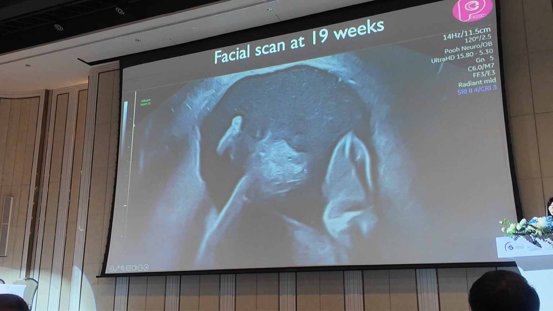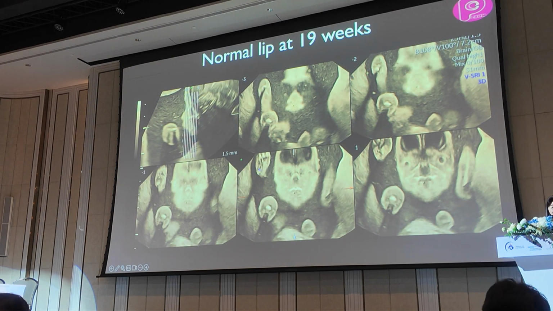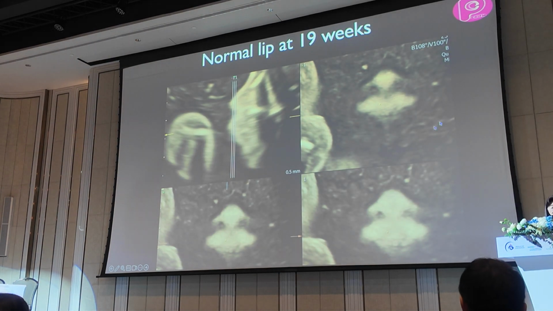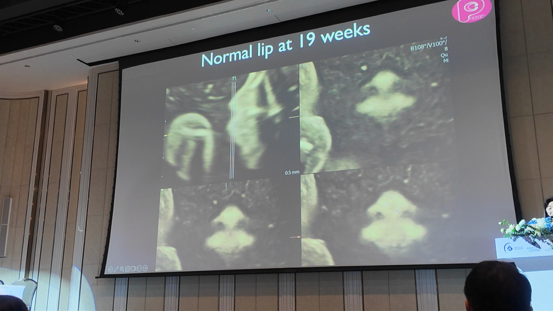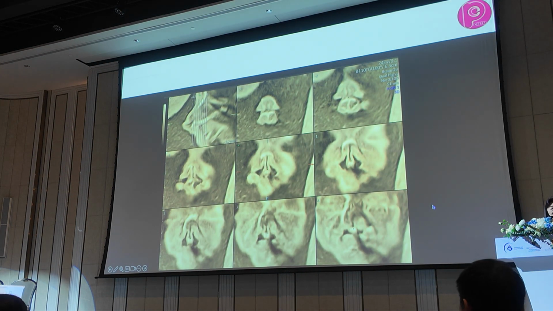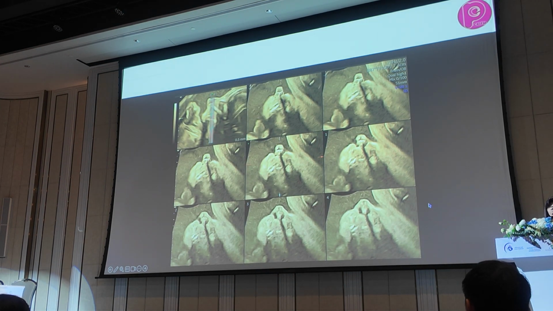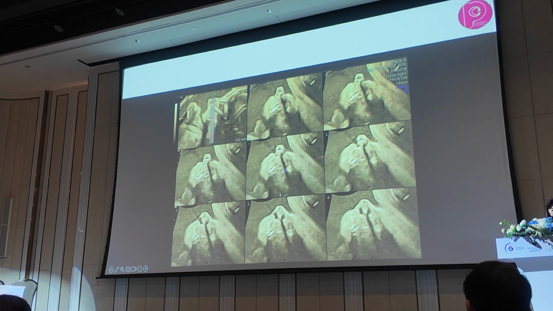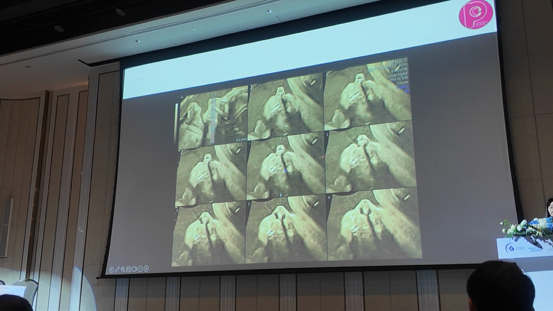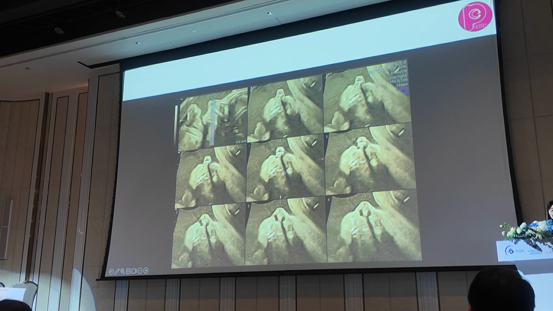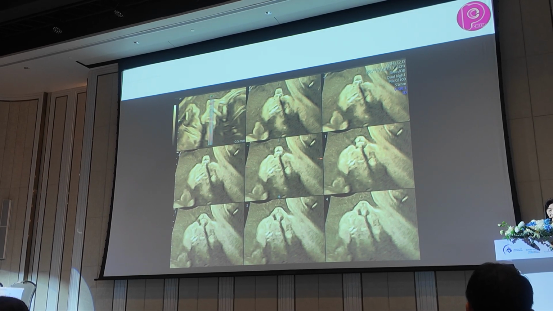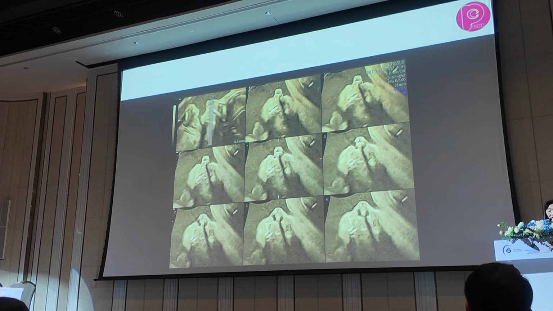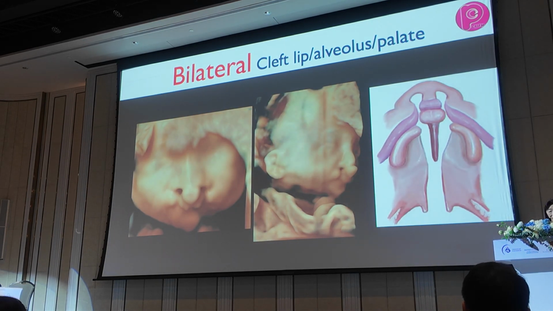Now, the fetal scan: this is a normal scan at 19 weeks of gestation, and this is the normal lip, right? However, here you can see this is a bilateral cleft lip. Usually trisomy 13 or holoprosencephaly is associated with bilateral cleft lip, alveolus, and palate, like this.